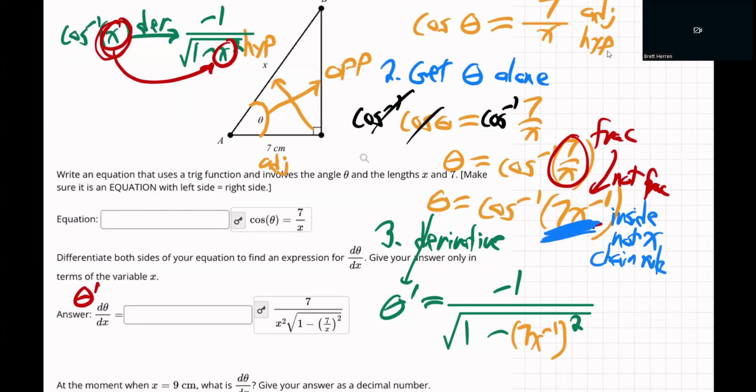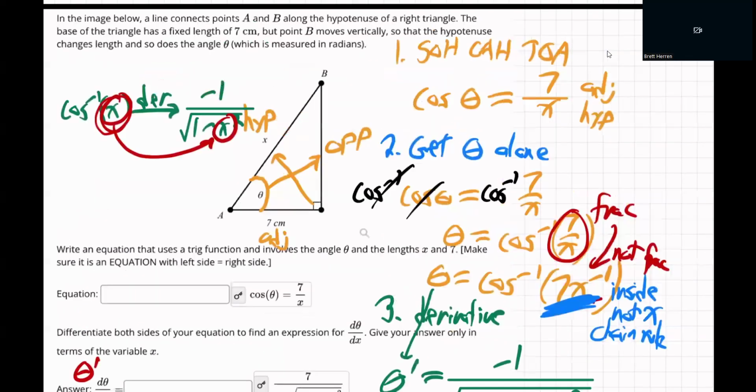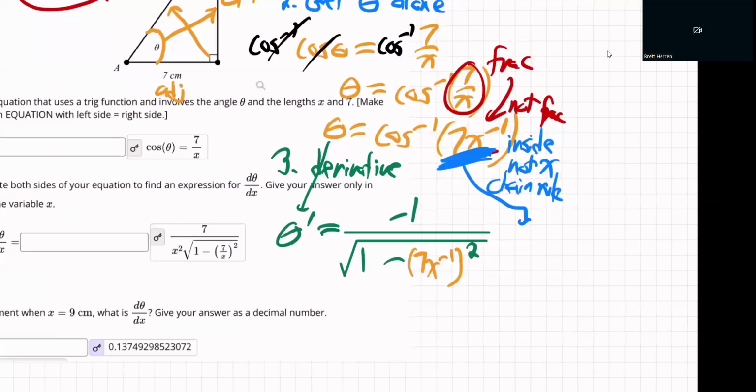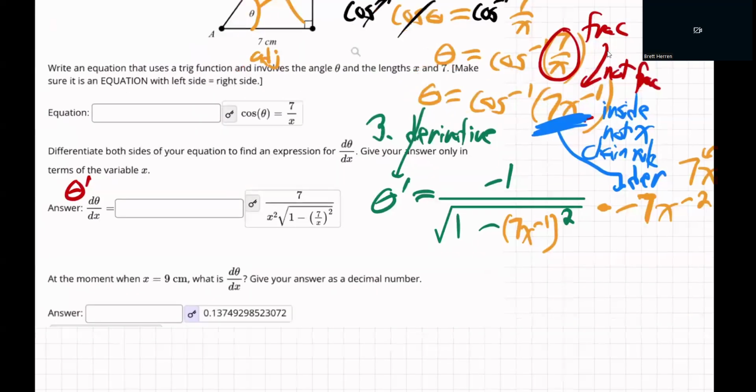Whenever you're taking the derivative, we did the outside, the cosine inverse, but if the inside is not a simple x, you got to do the chain rule, meaning you've got to take the derivative of the 7x to the minus 1. So what is that? The minus 1 comes down, minus 7x to the minus 2, because you subtract 1 from the power. Now we've got the derivative.